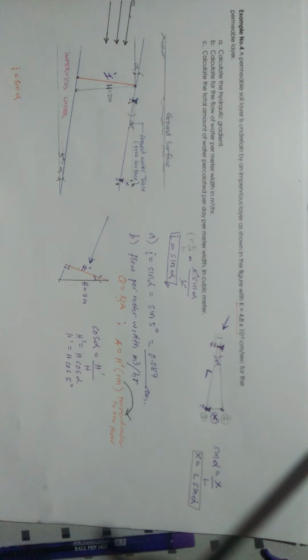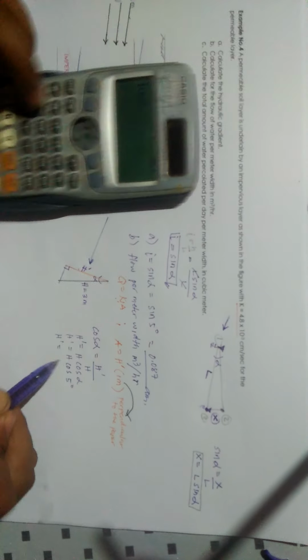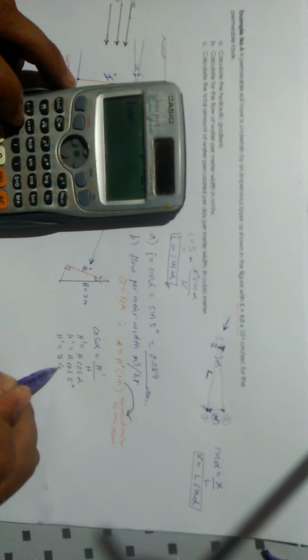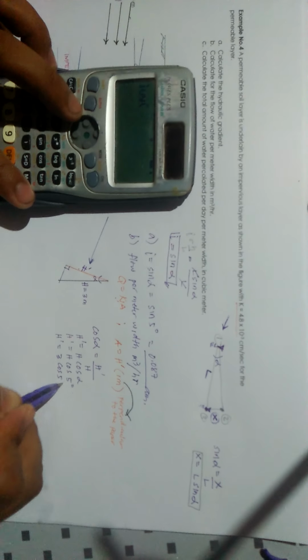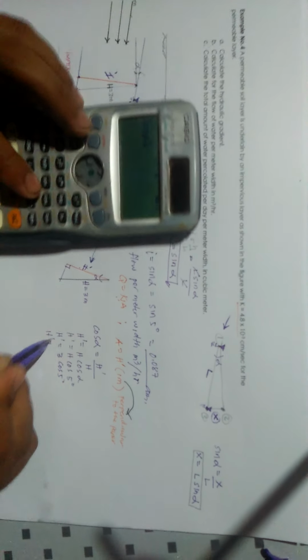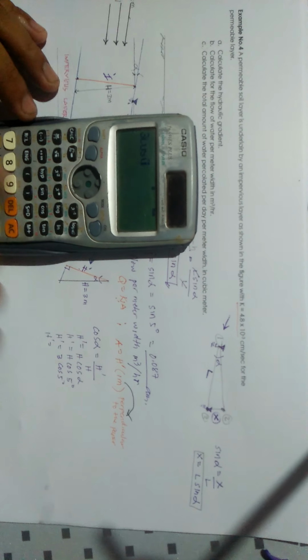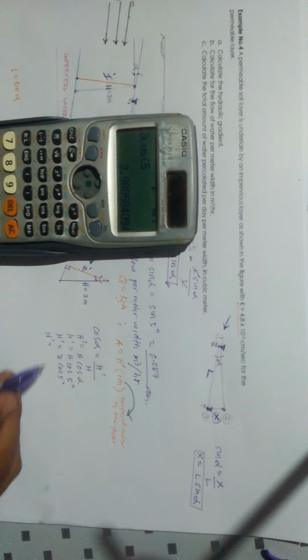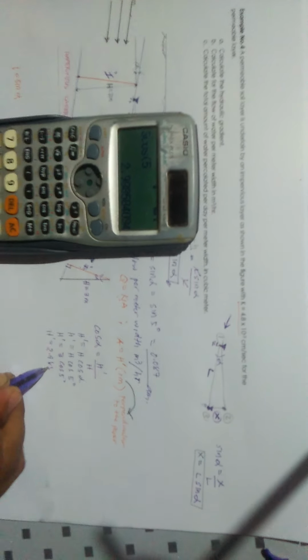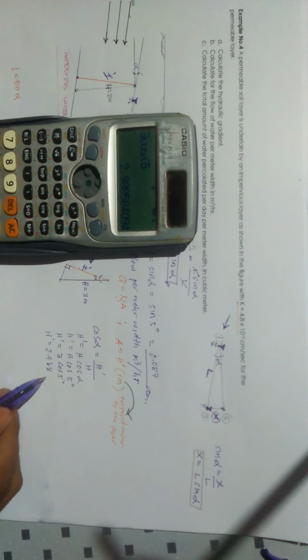Ayan. So, solve for your h prime first. Ang h prime natin, guys, ano yung h prime natin dito? H mo is 3 meters. Tama? Cosine 5 degrees. H prime is 3 cosine 5 degrees, 2.988 meters.